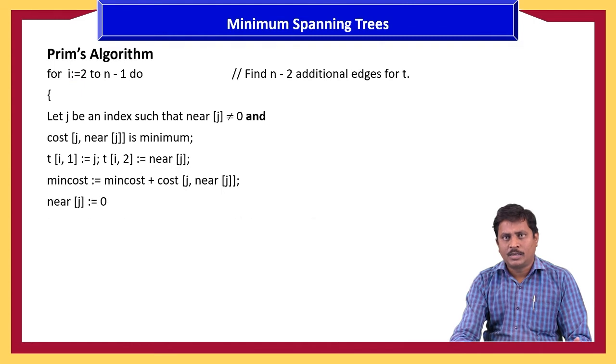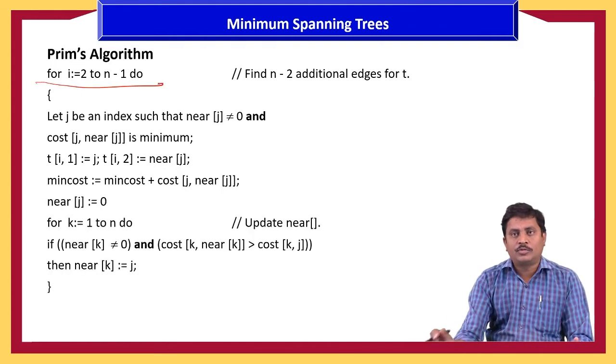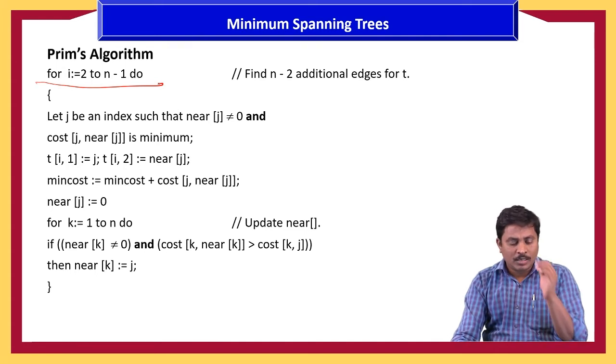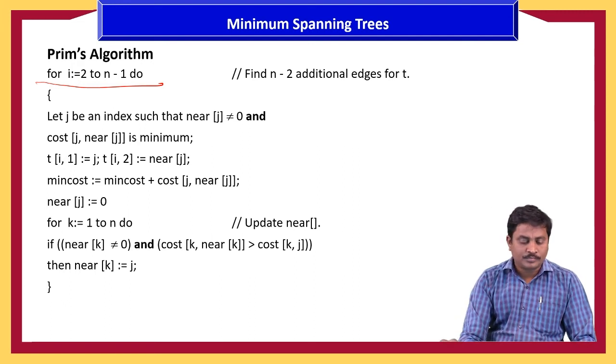Next, the continuation of that algorithm. For i equal to 2 to n minus 1 do. Already we chose one edge, or one vertex, so we repeat this for the remaining n minus 1 vertices.